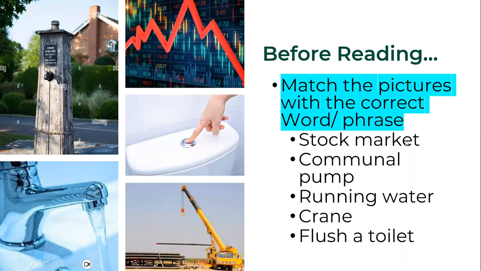So we have the stock market, communal pump, running water, a crane, and to flush a toilet. Right? So I'll give you maybe 2 minutes to look at the pictures, and then I will ask you about the meaning or match each word or phrase to the correct picture, right? Let's have 2 minutes and then we socialize.